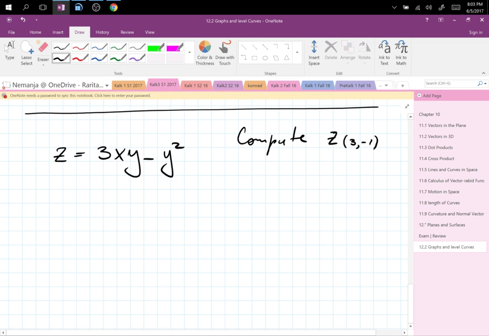Compute z of 3, negative 1. It's obviously just plug and pray. So 3 times 3 times negative 1 minus negative 1 squared. That's negative 9 minus 1, negative 10.